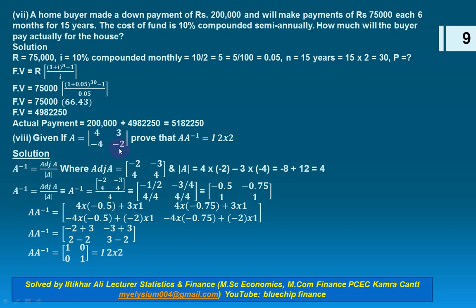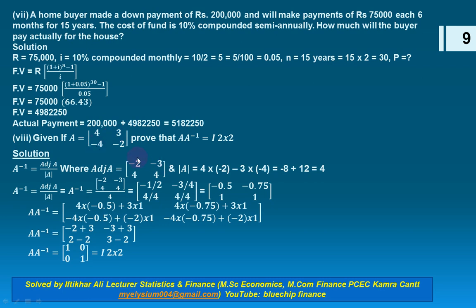So -2 will go to the top and 4 will be placed here, and plus 3 will turn to minus 3 and -4 will become plus 4.